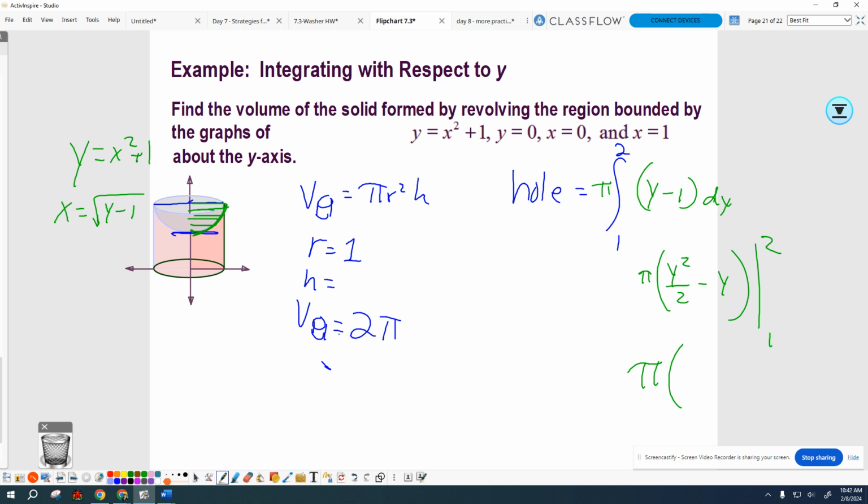Plugging in 2, that's 2 minus 4 squared over 2 minus 2. What do we get when we plug these things in? We need to subtract out 1/2 pi, so we get the same answer? That makes sense.